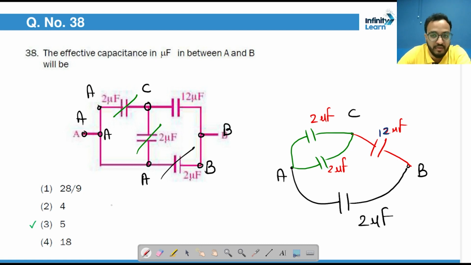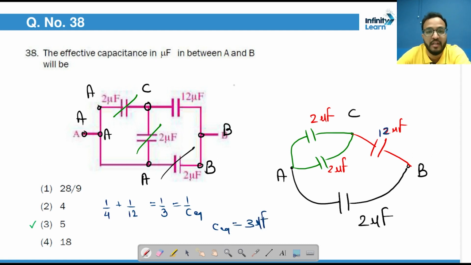So we can do it, I guess. Okay, so 1 by 4 plus 1 by 12. So it is how much? This is going to be 1 by 3. So what is C equivalent? C equivalent is 3 microfarad for the upper layer. So you will say ultimately it is 3 upwards and 2 downwards.